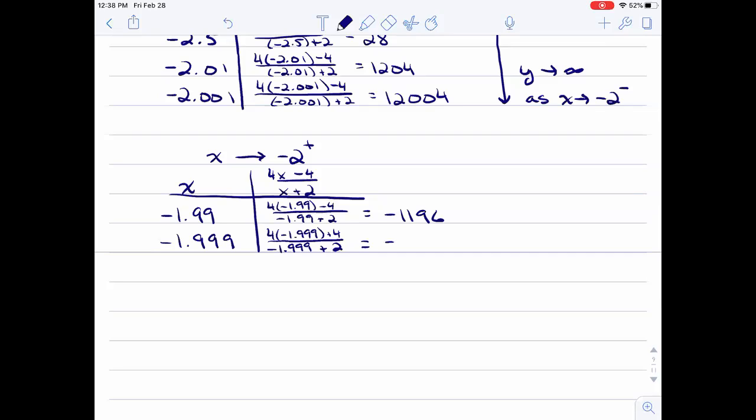Looks like it's going to be decreasing without bound, right? Meaning that y is going to negative infinity as x is going to -2 from the right.